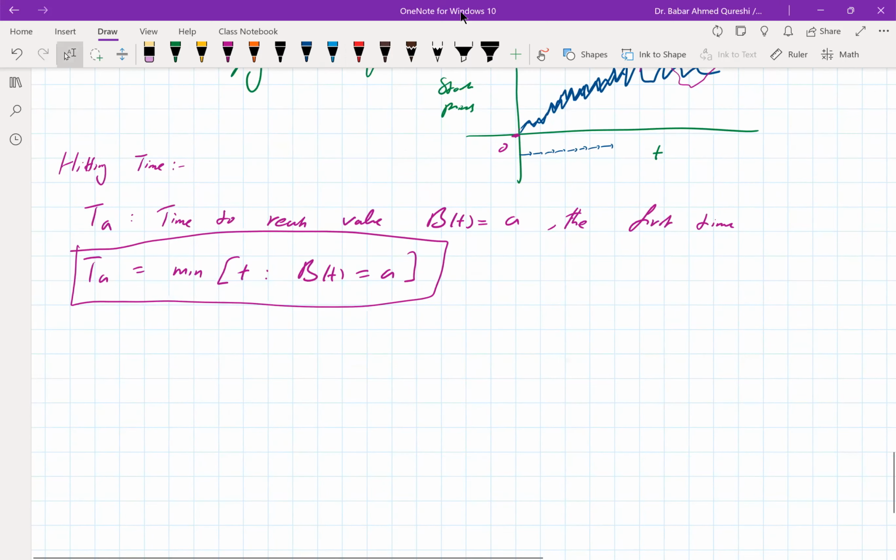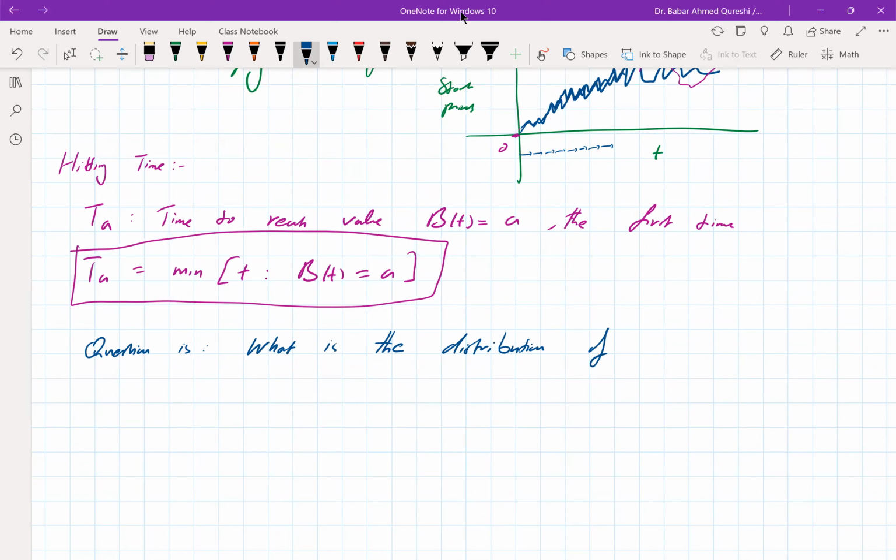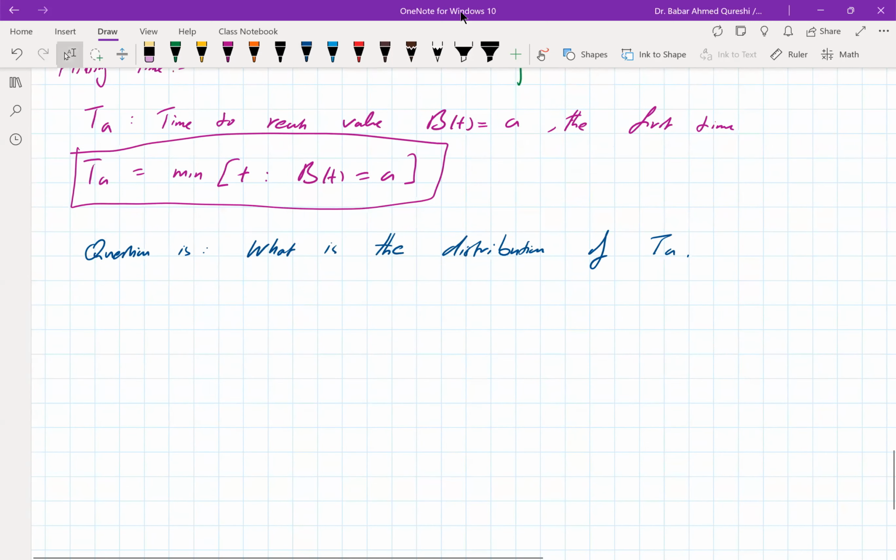So the question is, what is the distribution of T_A? To find the distribution, we start with the CDF and then look for the PDF.